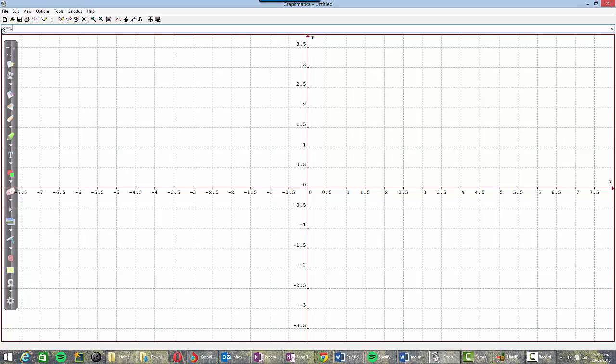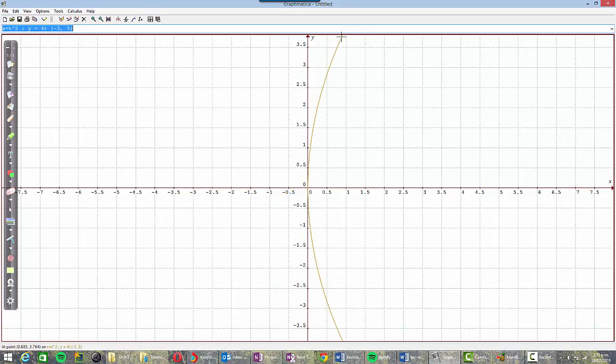So with Graphmatica, you basically type in the x and y ones separated by a semicolon, and then we're going to put in some curly braces here what values of t we want to use. So I'm going to go from -3 to +3. Okay, and then press enter.